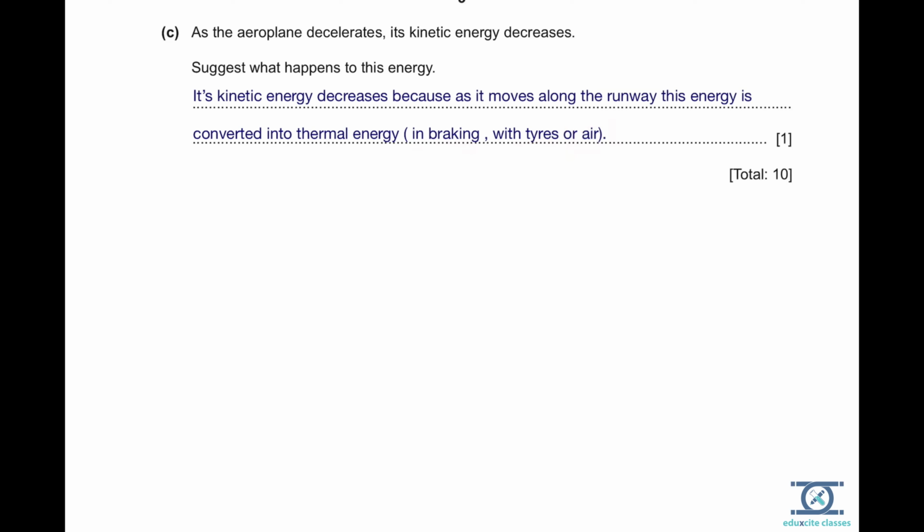So due to friction, this kinetic energy is converted into thermal energy, in the form of braking with the tyres or in the air. This is the reason why the kinetic energy decreases and is converted into thermal energy.